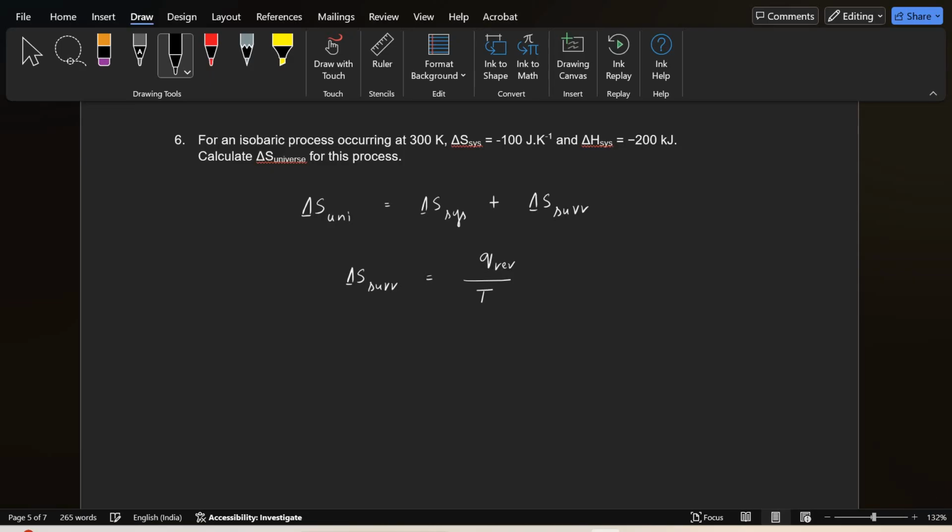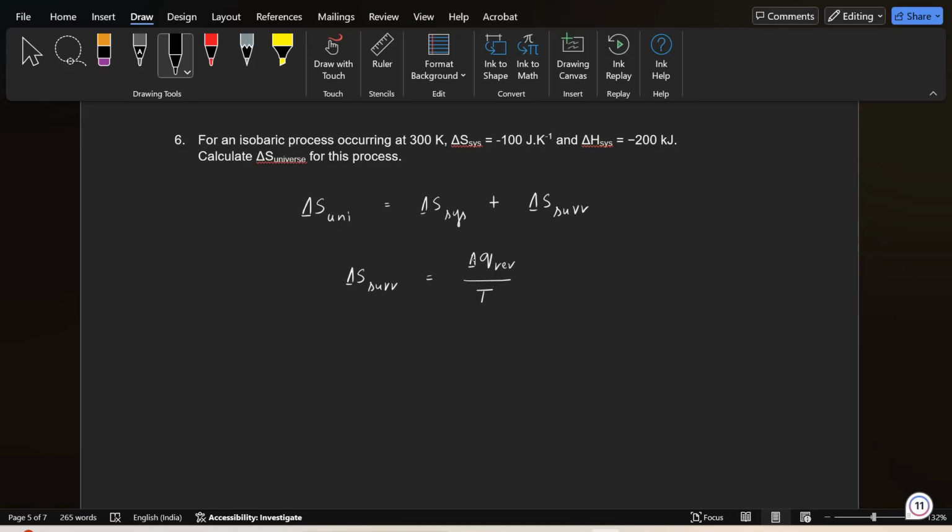Let me just put this delta Q. All right. So if you see here, they have given us the enthalpy change of the system. What we are going to assume is that delta H of the system, the enthalpy change, is entirely converted into heat, and that is going into the surroundings.